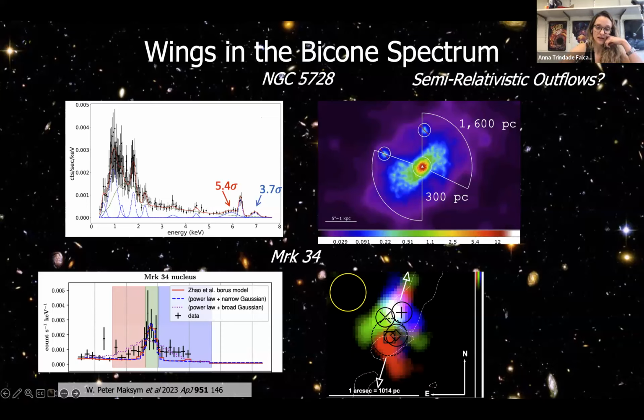So this is something that I think is one of the things that we should keep an eye on for the future. And again, AXIS will help us with all the science that can be done in the narrow-line region of this AGN. So thank you.